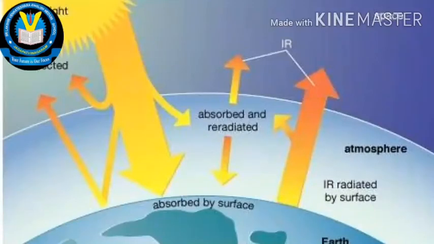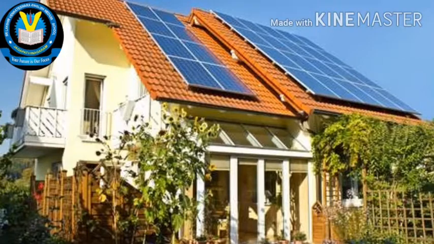So, though we receive a lot of radiation on this earth, still in some places, because of the location, there will be high temperature, low temperature and normal temperature.